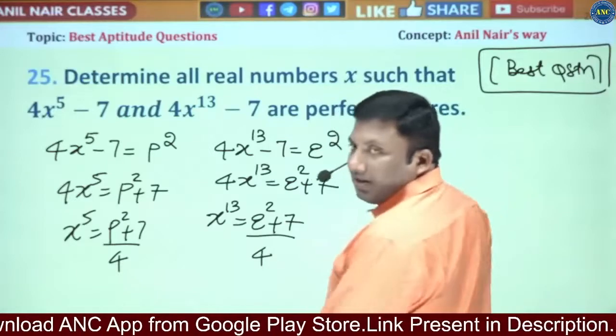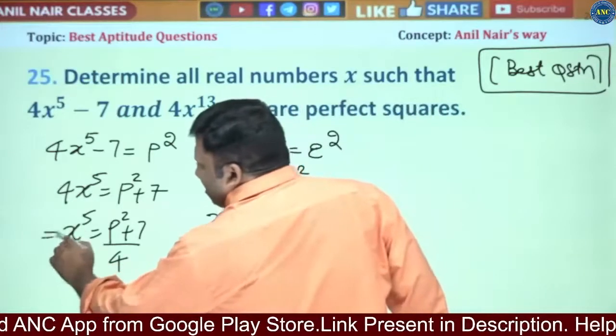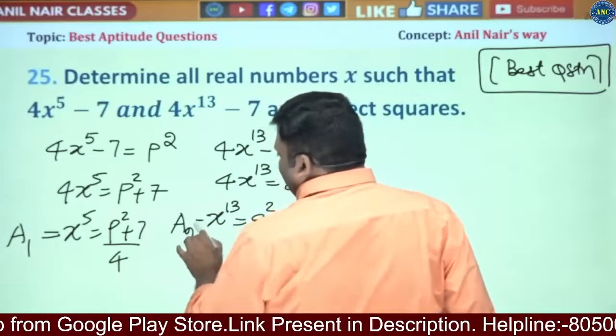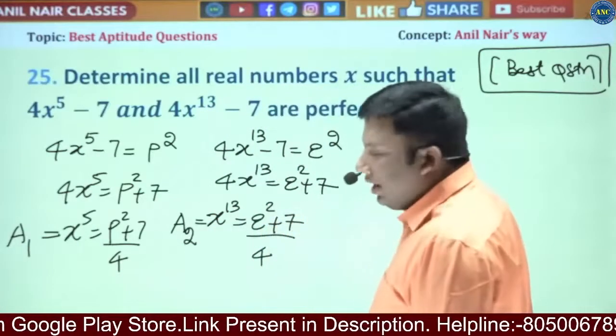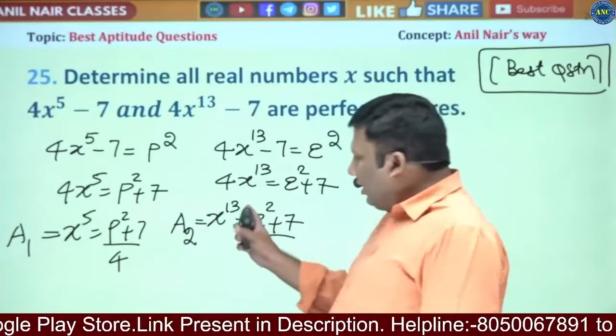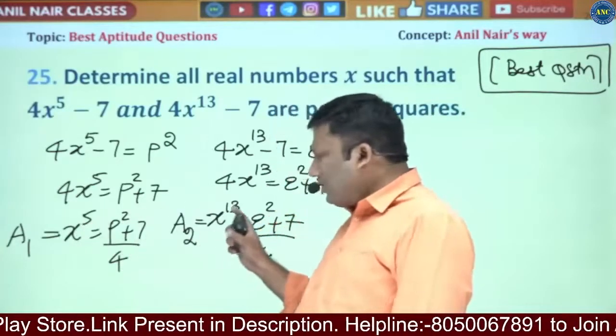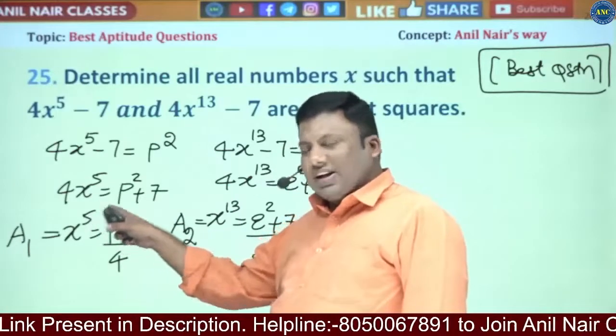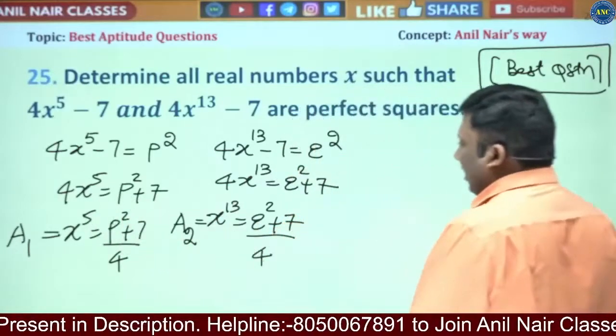Let me call the first value a1 and the second value a2. They are x^5 and x^13. Which powers will come closer? 5 times 8 is 40, and 13 times 3 is 39.